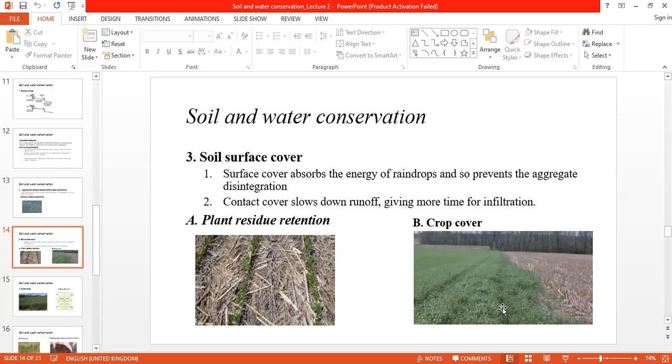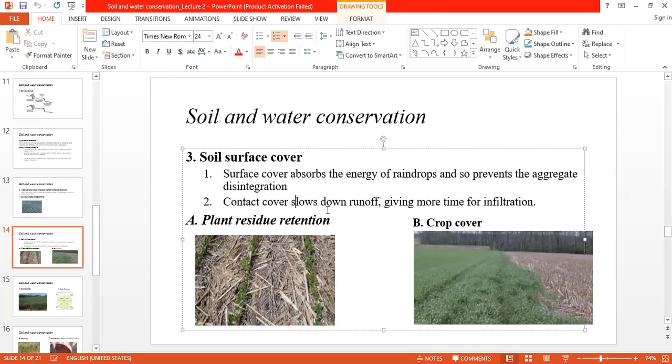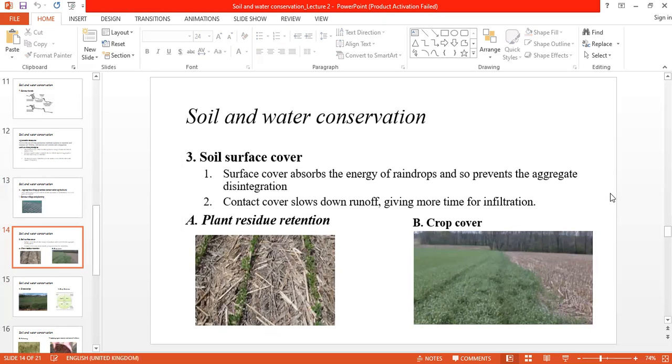This soil surface cover, we can look at it in two ways. There's the plant residues, the dead plants, but also you can look at it as live plants, where you don't leave your field bare, but you grow a grass to prevent the raindrop and the water runoff.